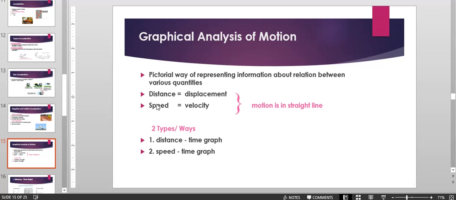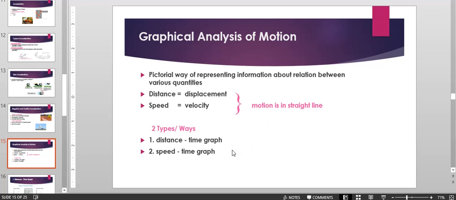The terms distance and displacement are used interchangeably, or speed and velocity, when the motion is in a straight line.